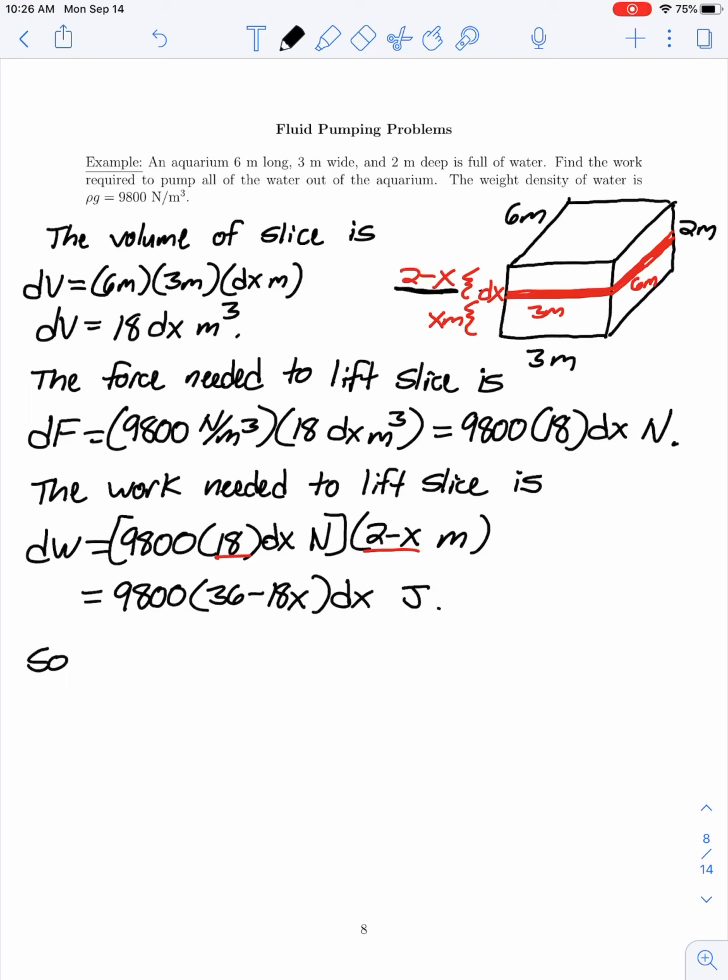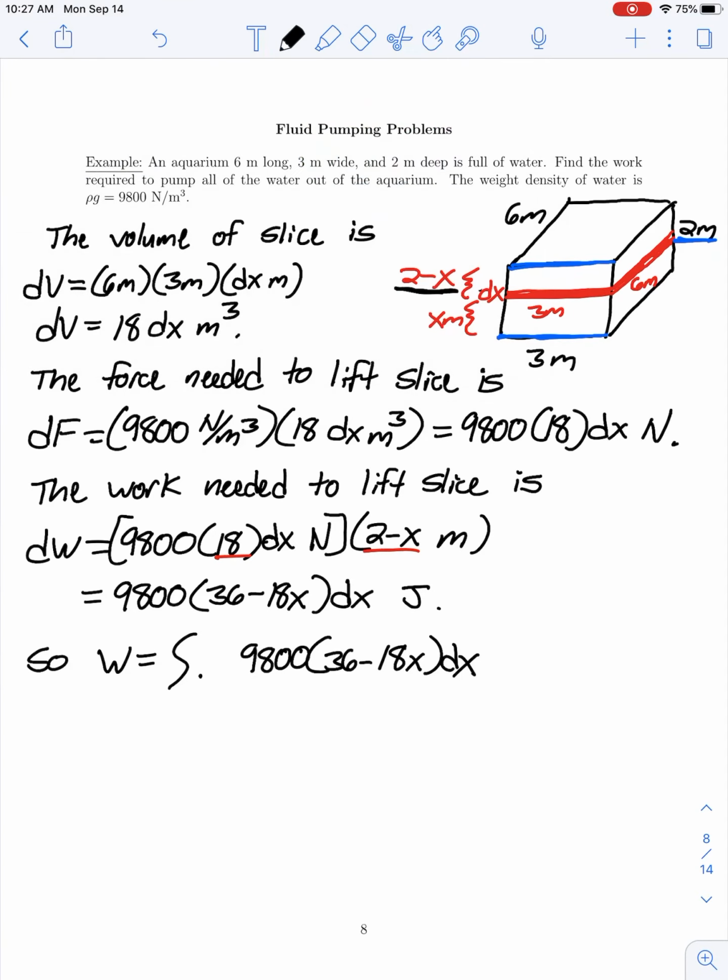So once we have the work needed to lift one slice, to get the total work to pump all of the fluid to the top of the tank, we would add up the work for all of these slices by taking a definite integral of this work function, 9,800 times 36 minus 18x dx, where x could range from 0, if I'm taking a slice at the bottom edge of my tank, up to a height of 2 meters, since that was the depth of our tank here.